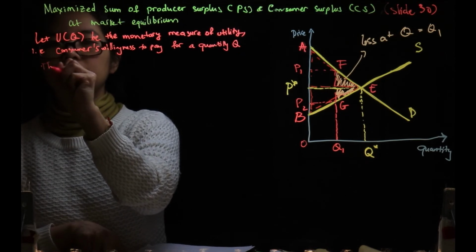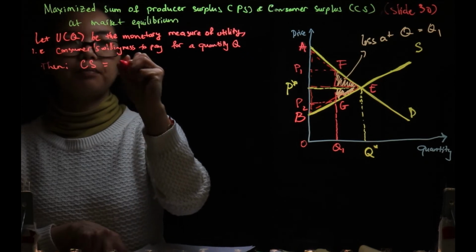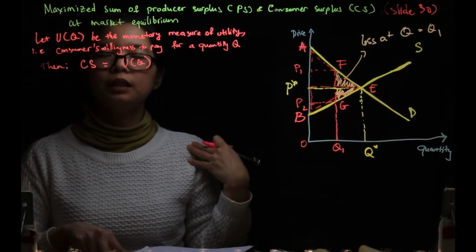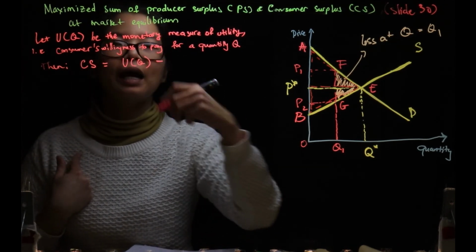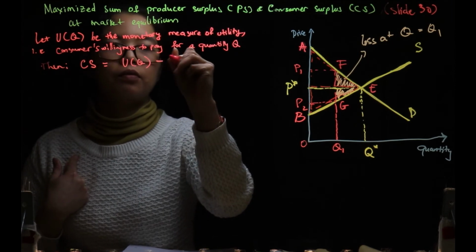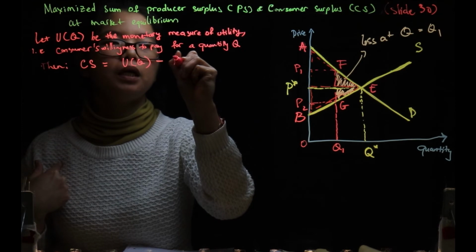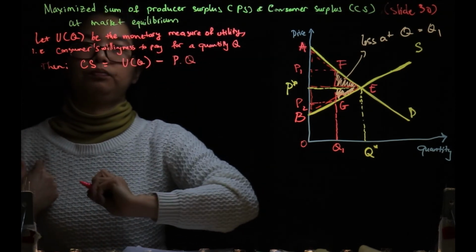Then the consumer surplus will be defined by this: U(Q), the utility measured in monetary terms, minus what he has to pay for it. What he has to pay for Q units is P times Q, right?